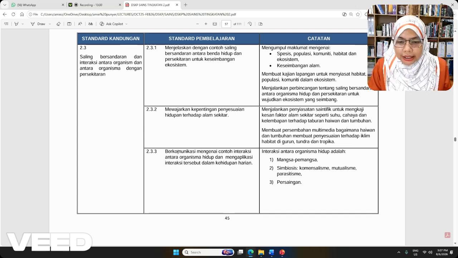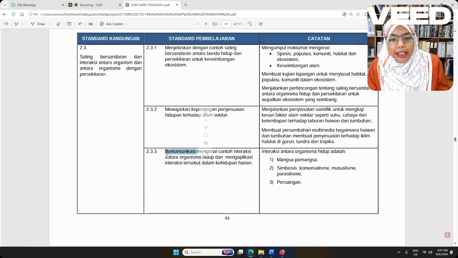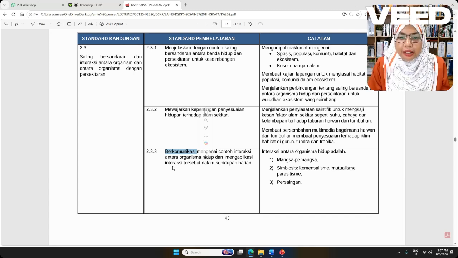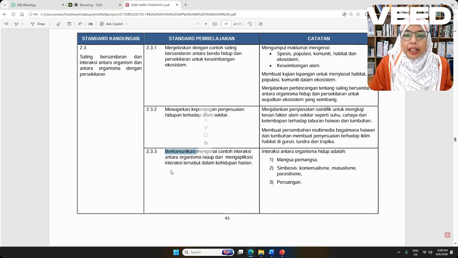So, berkomunikasi, this is a verb representing assignment, but not test or examination. And what would be the best assignment? It could be formal assessment. It can also be formative assessment in which no marks are required, but it is not meant to be captured or converted into items for test and examination.